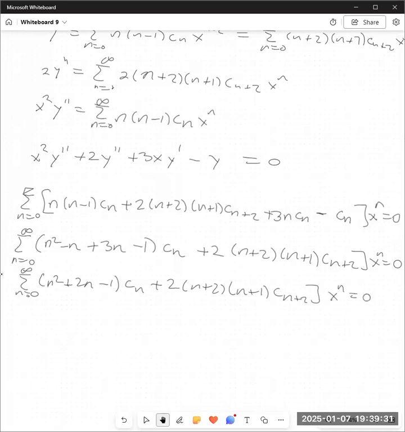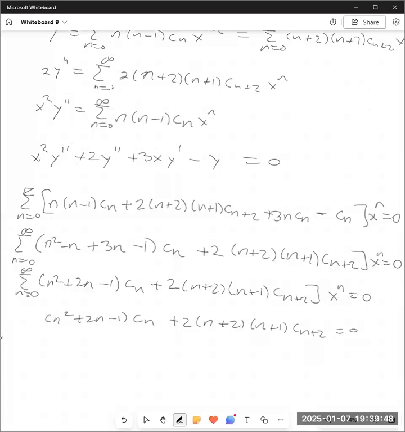Drop the x to the n part out, and we get n squared plus 2n minus 1 c_n plus 2 times n plus 2 times n plus 1 c_(n+2) equals 0.